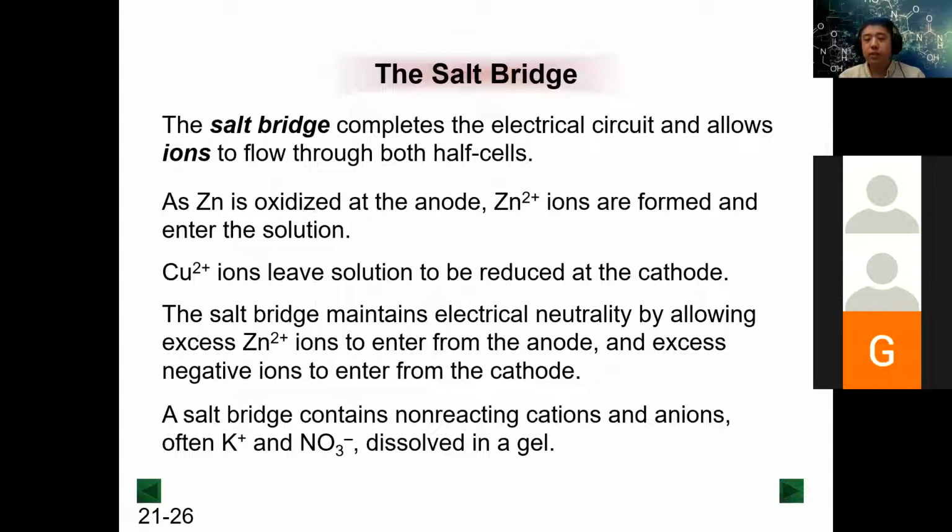Remember, opposites attract, same charges repel. So if something's already negative and you try adding more negative to it, it will say, I don't want that. So the way to combat that is to take any kind of negative anion or cation and add it into the solution to balance it out, to make sure both sides stay neutral so that the electrons can keep flowing and you can keep extracting and using it.